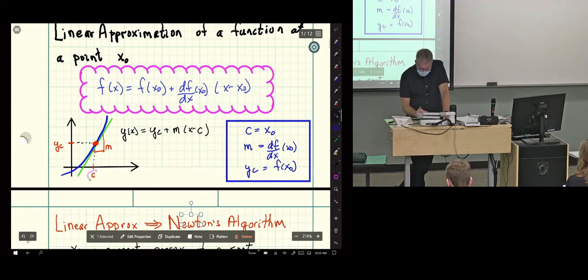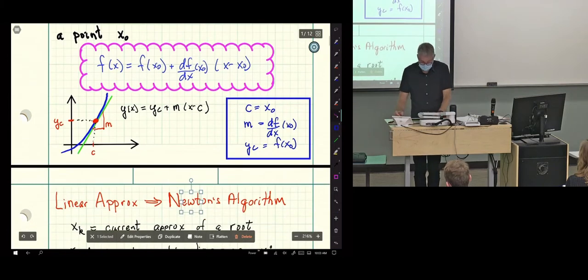We take a point, I called it c for a constant. If we plug in x equals c, that term is 0, so this has to equal the value of the line at that point, and the only other thing left free in a line is the slope. So this is the y at c, this is the slope, and then this is the constant, x minus x0. So we get a linear approximation of a function.